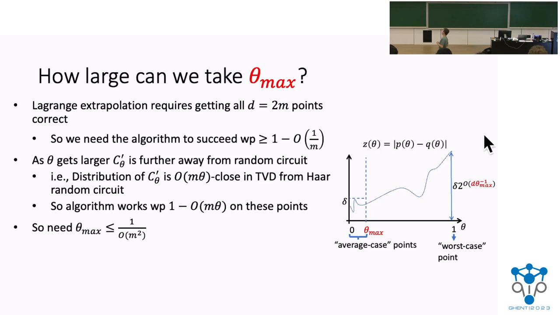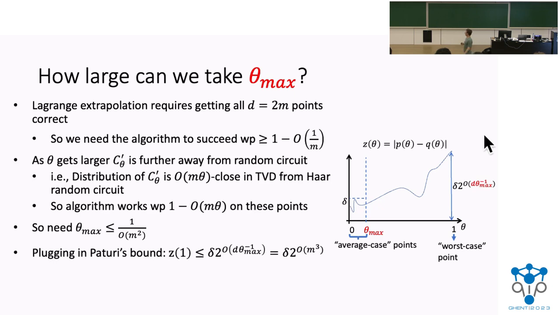Okay, so we do algebra and we conclude we have an algorithm which works with probability 1 minus m times theta. We want m times theta to be 1 over m, so we can use Lagrange extrapolation. So that means that we need the largest theta we choose to be less than or equal to 1 over m squared, right? So that m times 1 over m squared is equal to 1 over m.